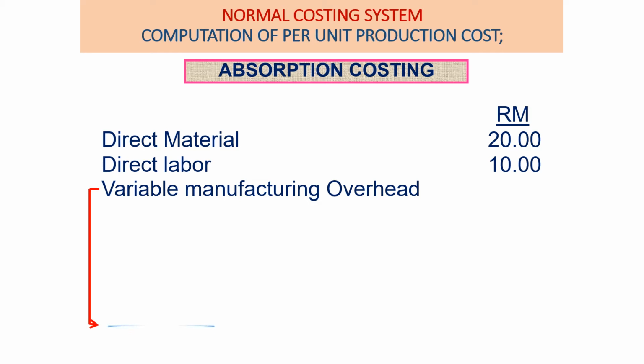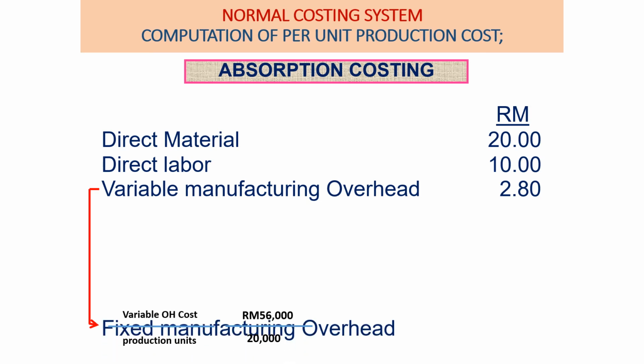In this question, there is no estimate for the variable manufacturing overhead. Therefore, you have to use the current variable overhead cost divided by current production units. 56,000 ringgit divided by 20,000 units, so you get 2 ringgit 80 cent.